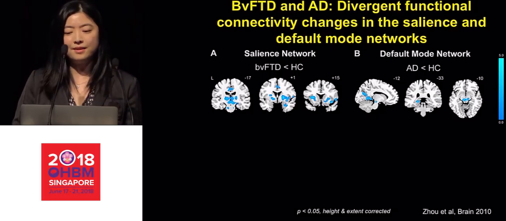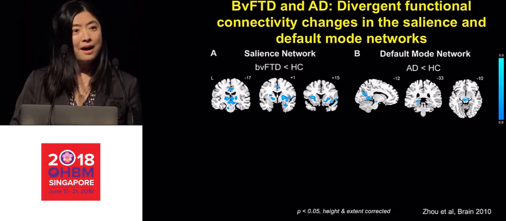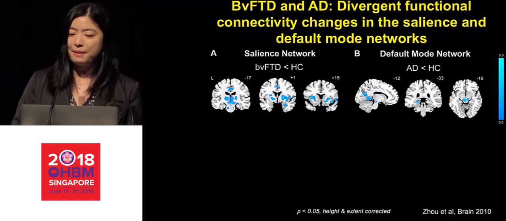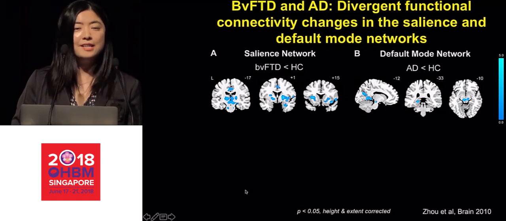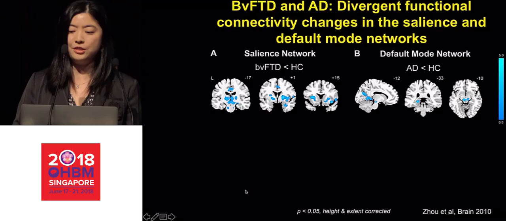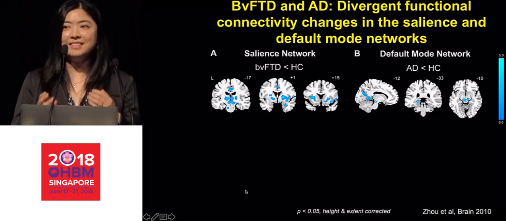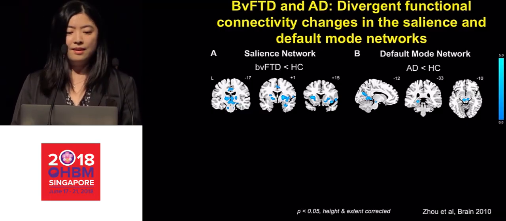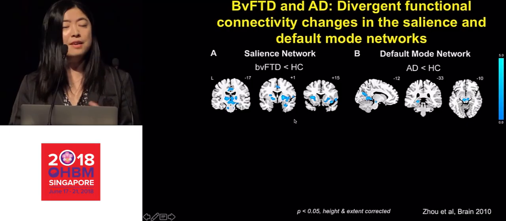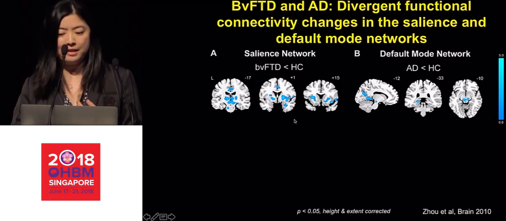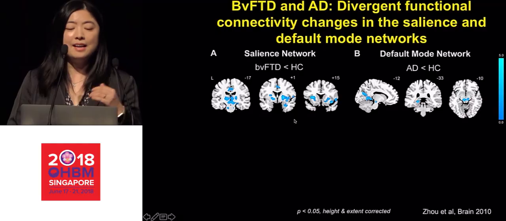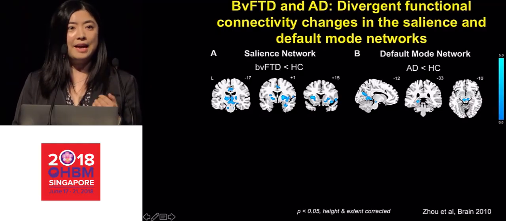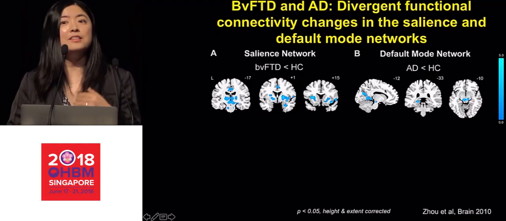One step further, we have shown that mild AD and bvFTD patients actually feature divergent functional connectivity in the default mode network and salience network. Compared to the healthy control, bvFTD patients have reduction in the salience network, while AD patients have reduction in the default mode network.